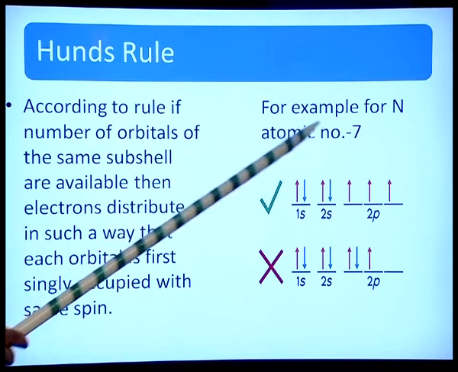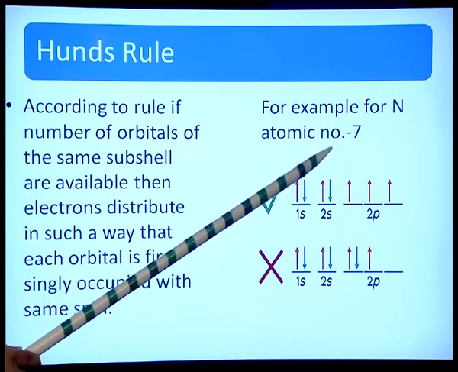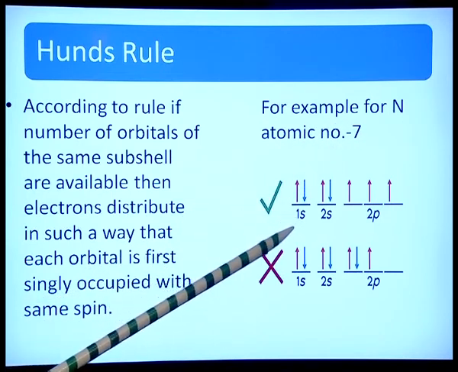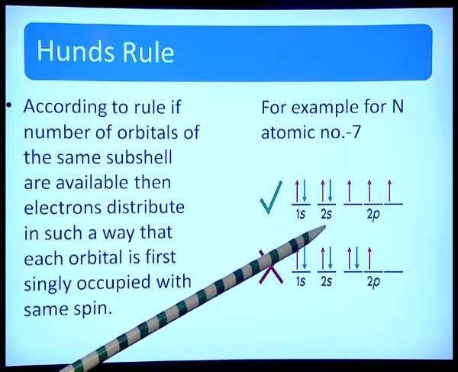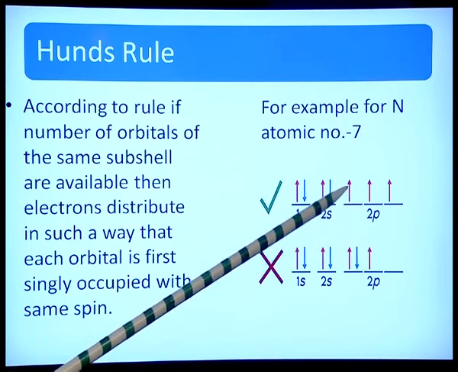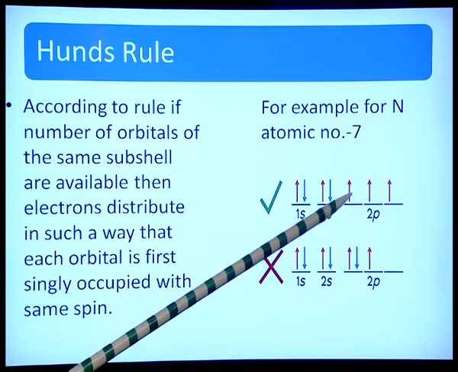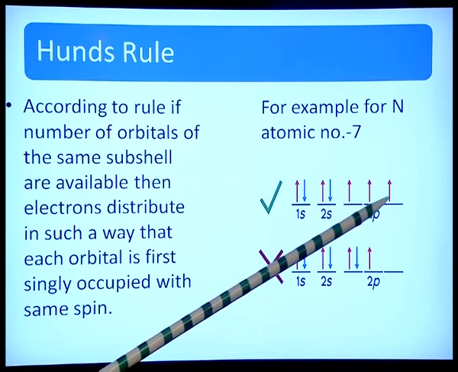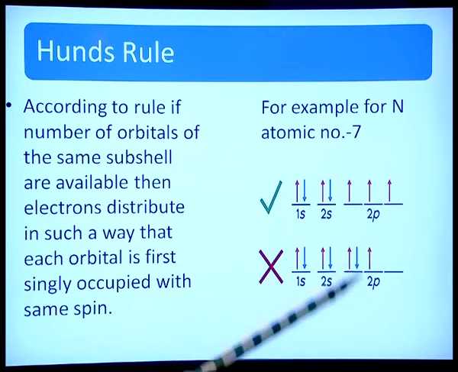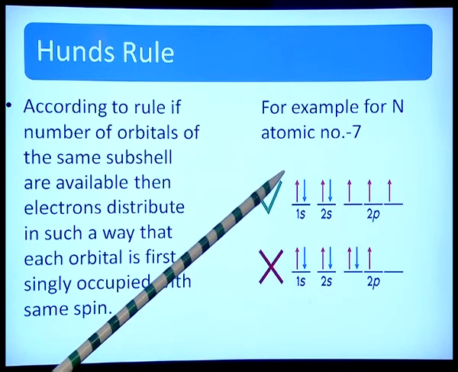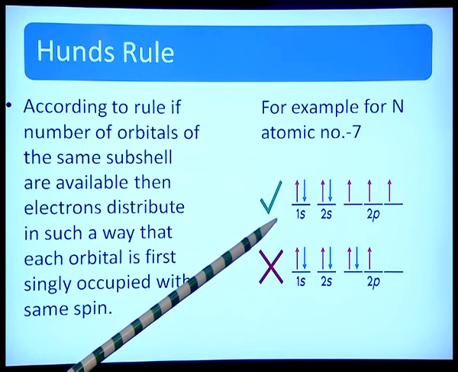For example, for the nitrogen atom, the atomic number is 7. First the 1s orbital is filled, then the 2s orbital is filled, and 2p is filled in such a way that all the subshell orbitals are singly occupied, not like this. This is a wrong configuration, this is a correct configuration.